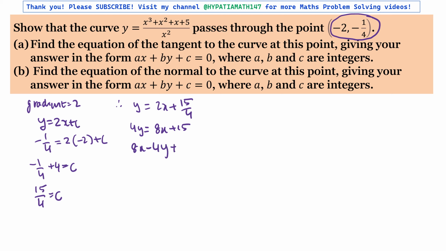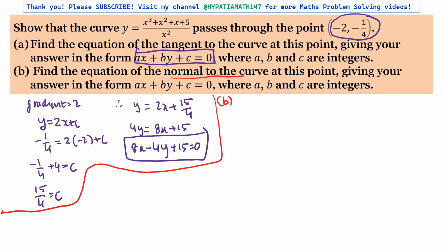Right, so that's done. Now we have to do the next part, part B, not C, sorry, part B, which is asking us to find the normal. The normal is perpendicular to the tangent, and so the gradient would equal 1 over dy/dx with a negative sign.